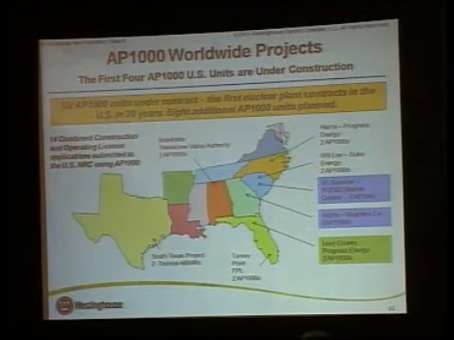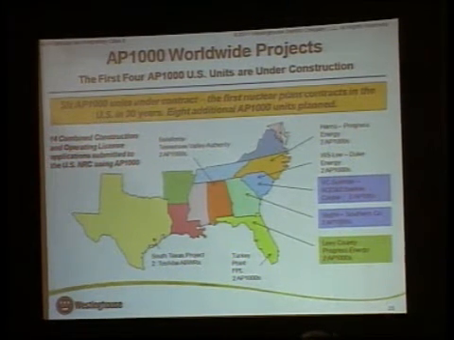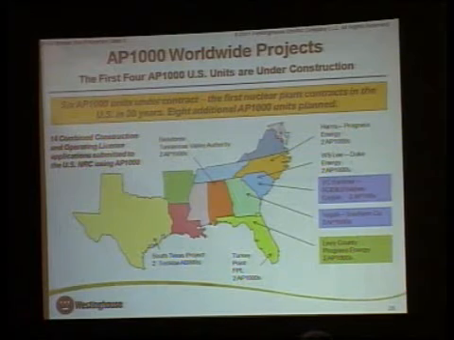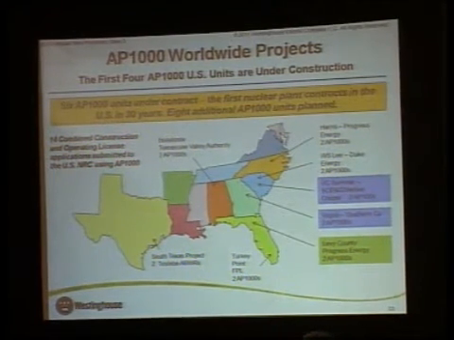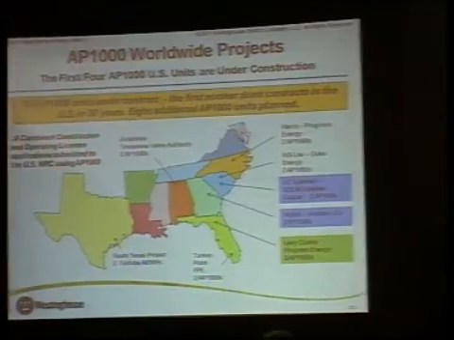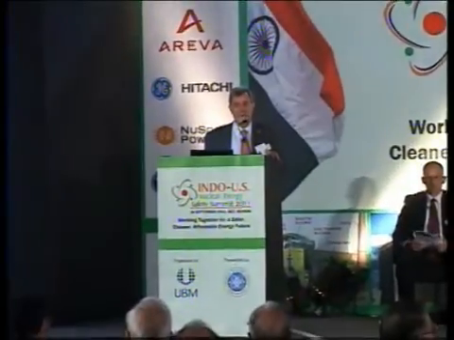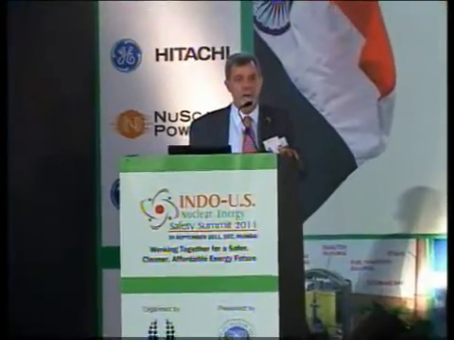And then at Vogtle in the state of Georgia for Southern Company, there exist 2 Westinghouse 4-loop plants at that site, and we will add 2 AP1000s. And in the state of Florida, Levy County is currently under suspension. So 2 active sites, 4 reactors in the United States, in addition to the 4 reactors in China under construction.